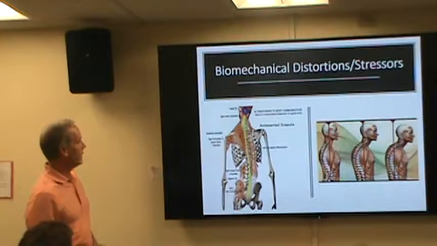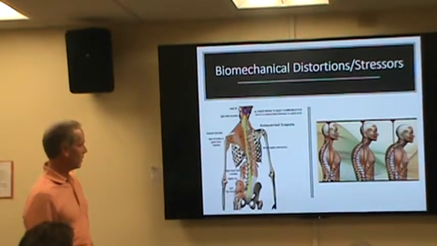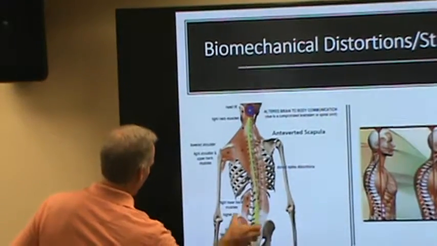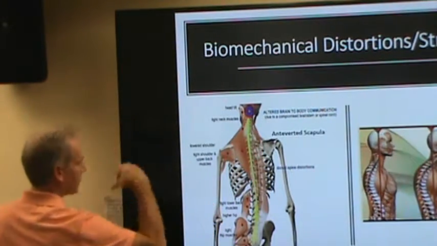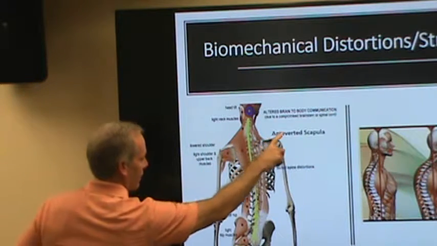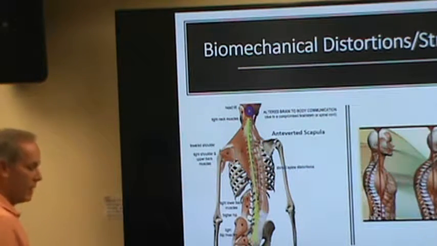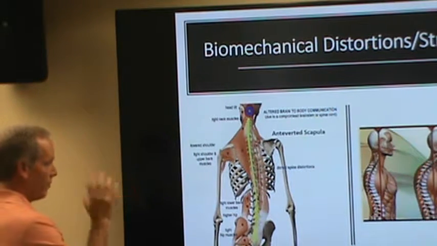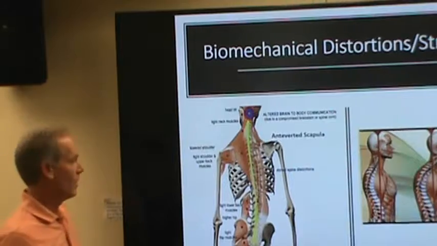So here are distortions that can occur. You look at this person, one hip's going to be higher than the other, and it's a kinetic chain going all the way up. They have head tilt, they have one shoulder that's lower, they have what's called an anteverted scapula. And I'll get into this because this is helping people in my practice.